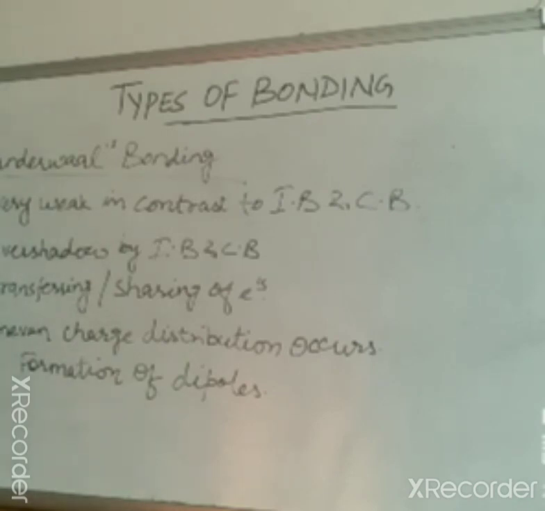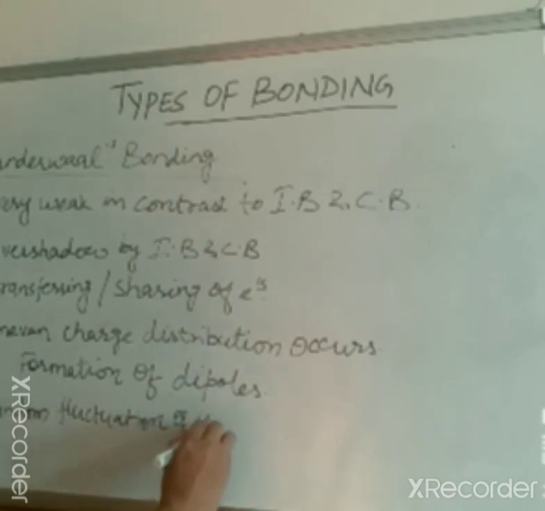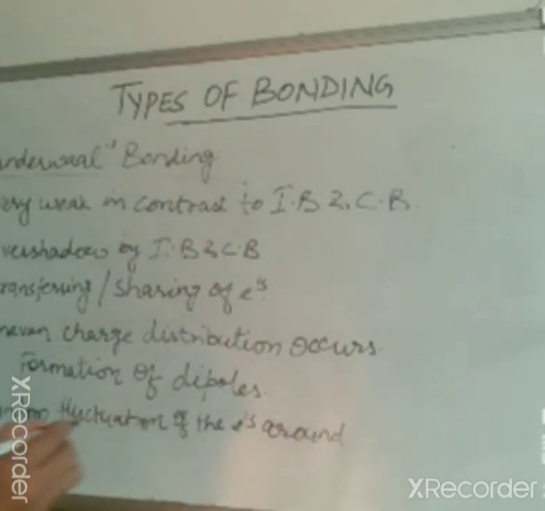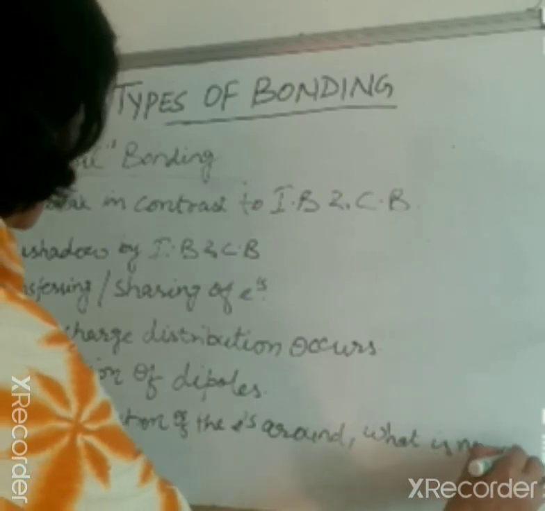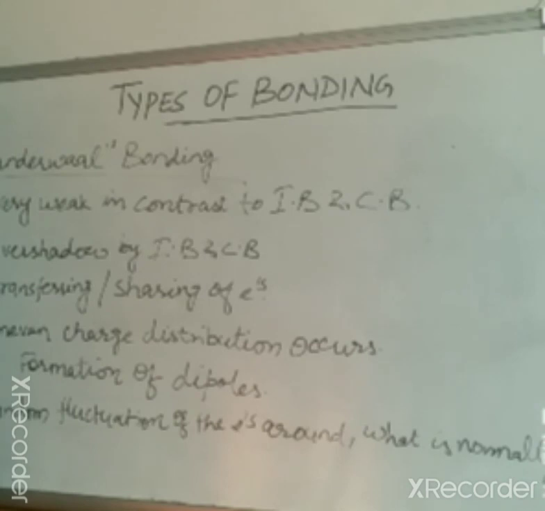Next point, these dipoles can be produced by a random fluctuation of the electron around what is normally an electrically symmetric field in the atom.